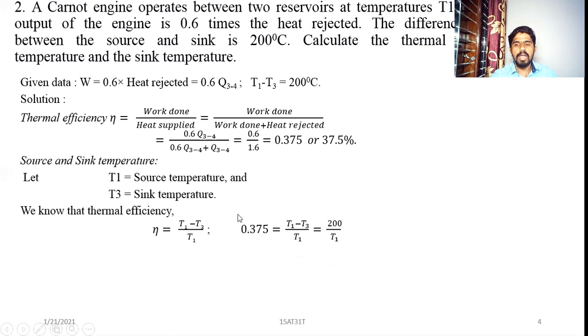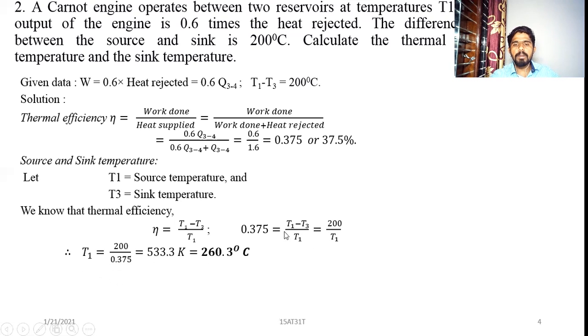The efficiency value we already found is 0.375, equal to (T1 minus T3) divided by T1. T1 minus T3 is the temperature difference between source and sink, which is already given: 200 degrees centigrade. So I'll substitute the value of T1 minus T3 as 200.